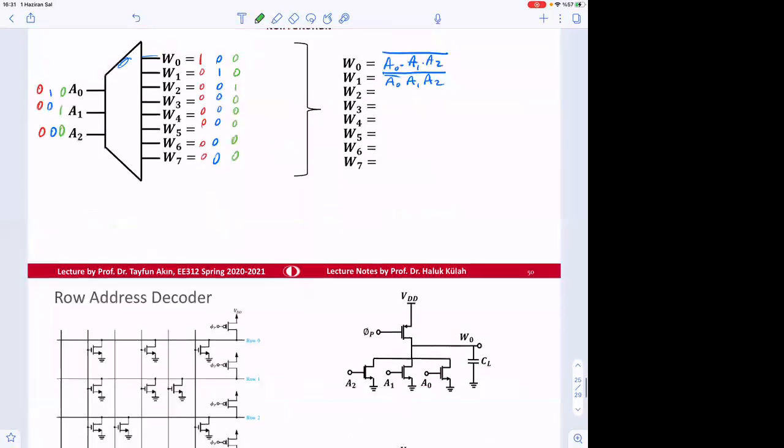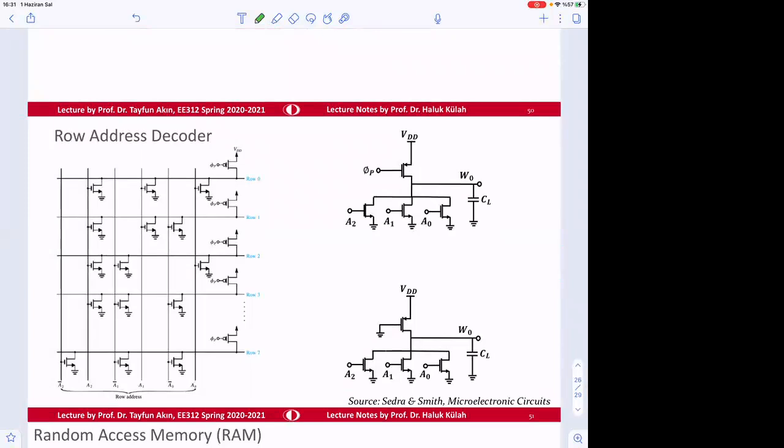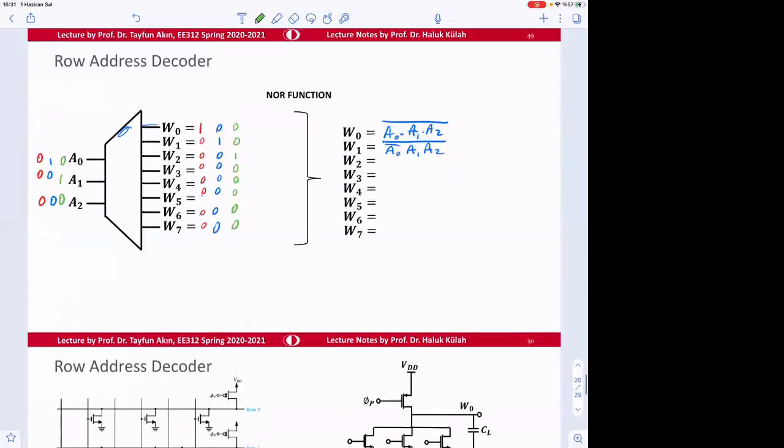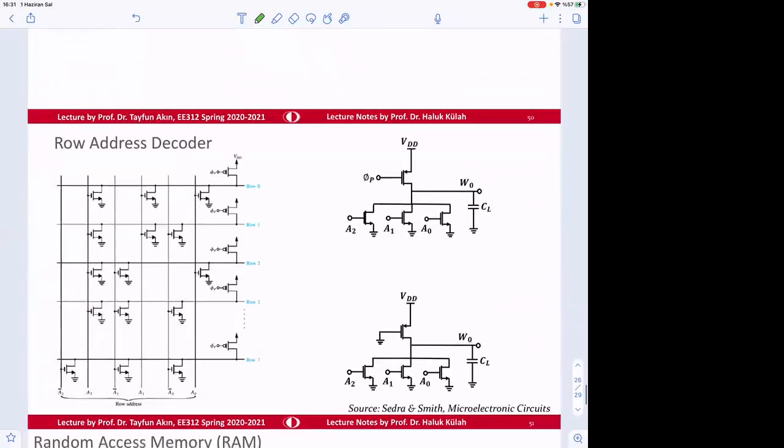Okay, so there are also circuits, row address decoder, how it can be implemented. Like this is one way of implementation. Since it is NANDs and NORs, you can make it like this. You can generate A0, A0 bar, A1, A1 bar, and then this is going to be very easy then to generate row 0, row 1, row 2, whatever.